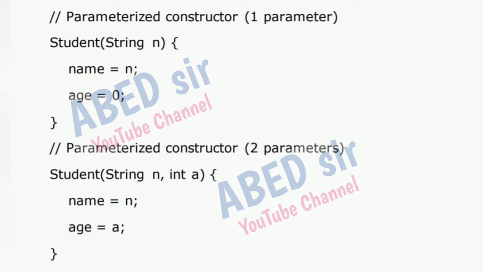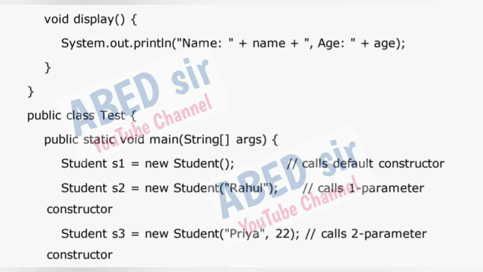Parameterized constructor with two parameters, Student(String n, int a): name is equal to n, age is equal to a. Void display: System.out.println name plus age.